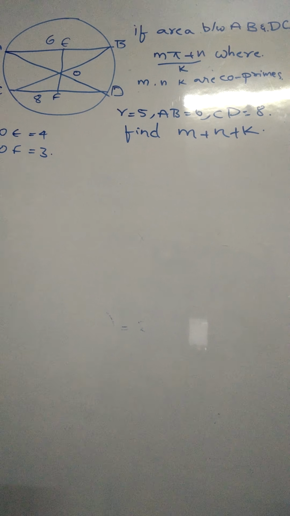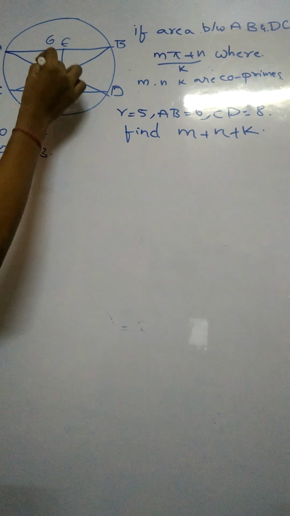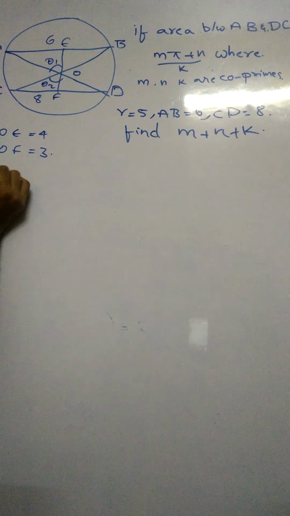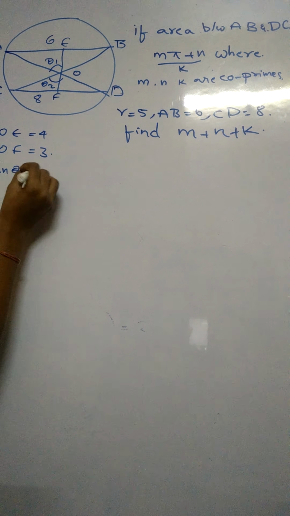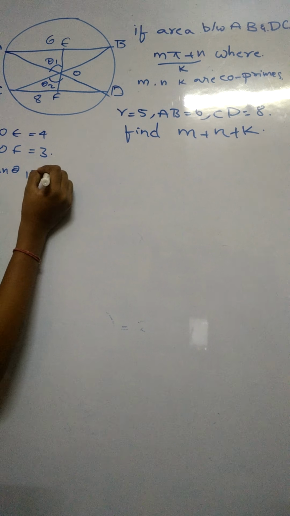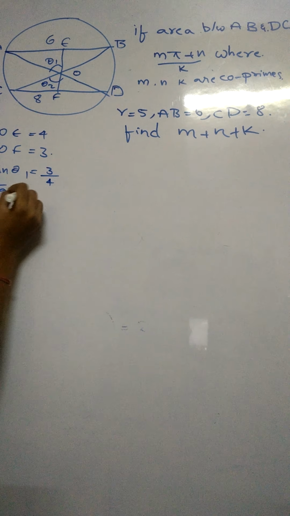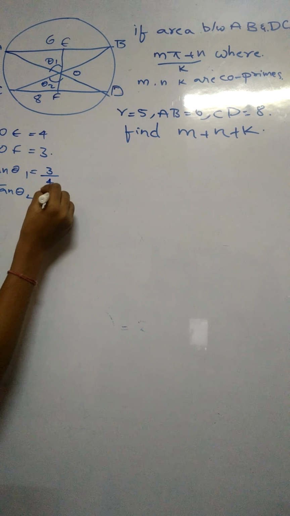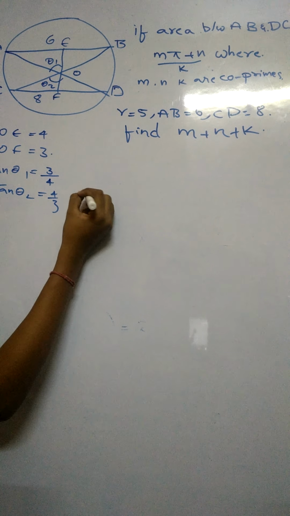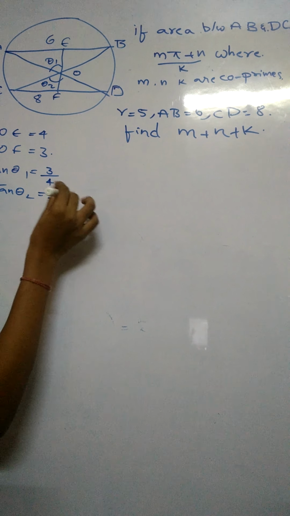Okay. Next, this is theta 2, let. This is theta 1. Tan theta 1 is equal to 3 by 4. Tan theta 2 is equal to 4 by 3. Tan theta 2 can be written as cot. We will rearrange this.